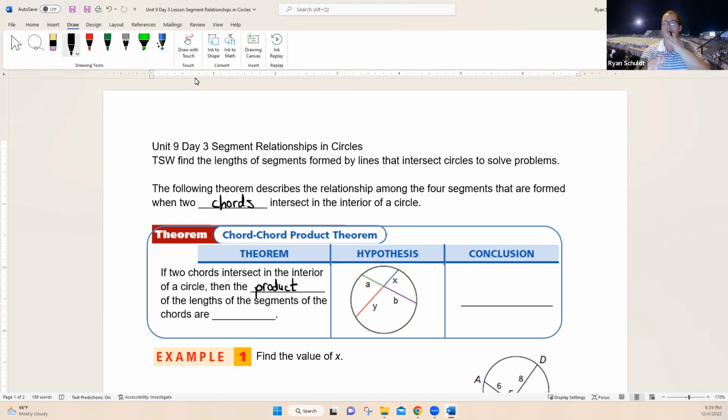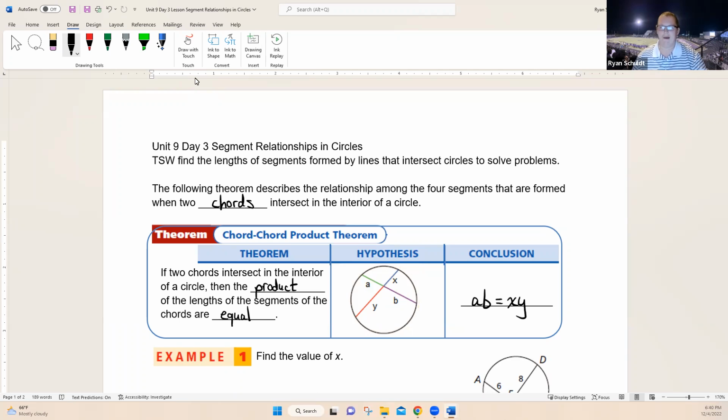Product means to multiply. Of the lengths of the segments of the chords are equal. So if 2 segments cross each other in the circle, then the product of the lengths of those segments are equal to each other. So in this picture here, A times B equals X times Y.